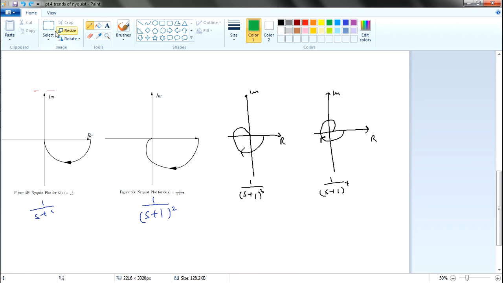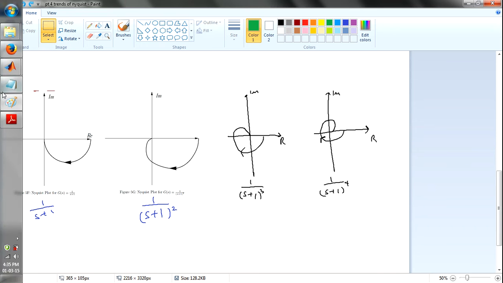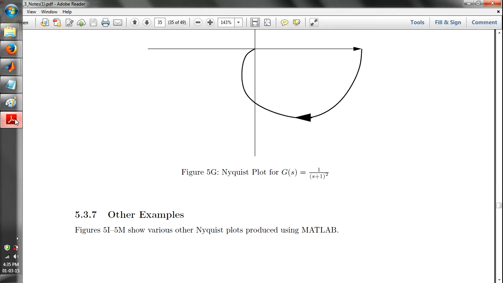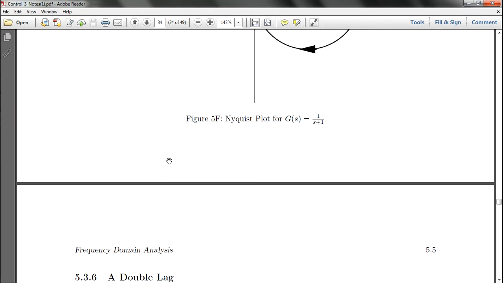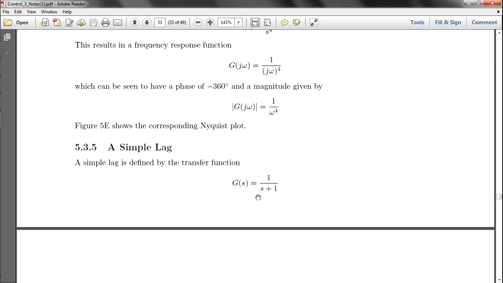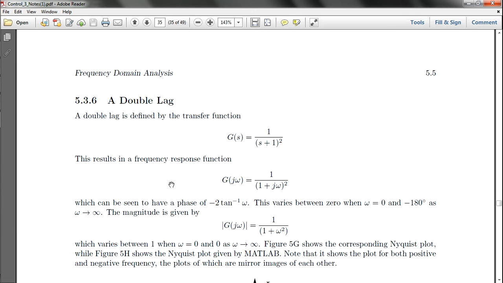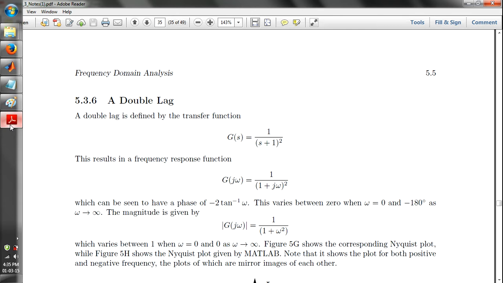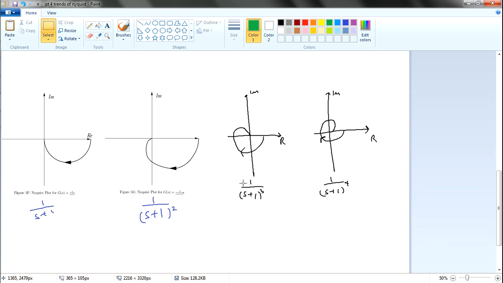So let's come to this point. This is actually called the delay. If you check it out, it's a lag. A simple lag is first degree. Similarly, a double lag is second degree, this one is a triple lag, and this is a quadruple lag. So how does this lag actually work?